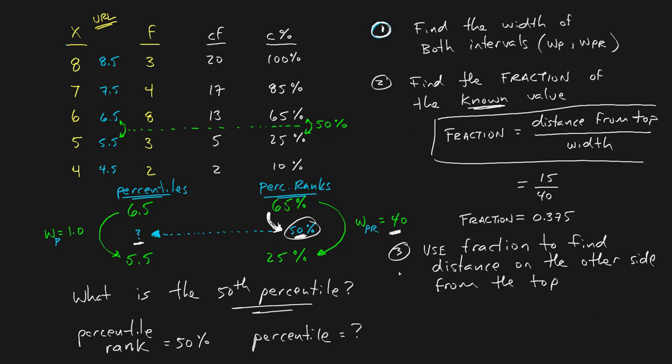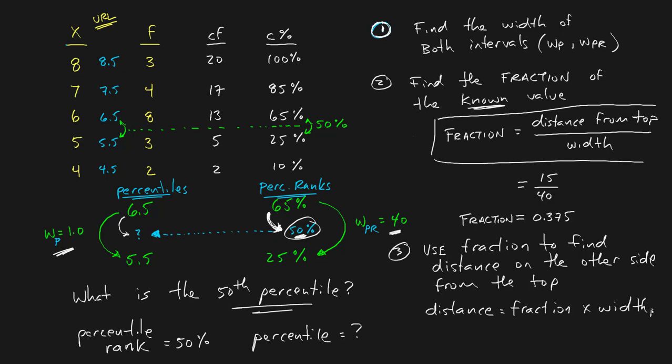So I'm going to use this fraction, the 0.375, to find the distance from the top of that interval. So how far do I have to travel down from 6.5? And it works like this. The distance is equal to the fraction times the width, but it has to be the width on the unknown side. So everything is now happening over on this side. We start where we know all of our values, and then once we find the fraction, we have to move to the other side where we don't know everything that's going on.